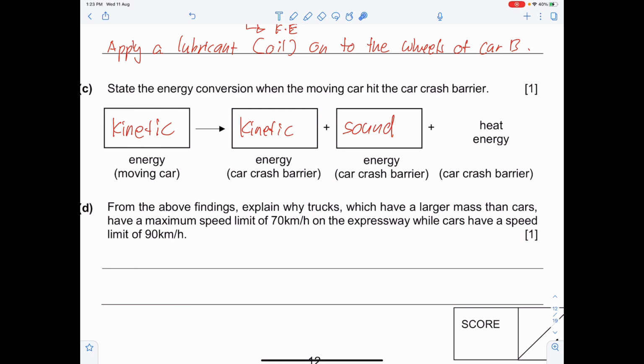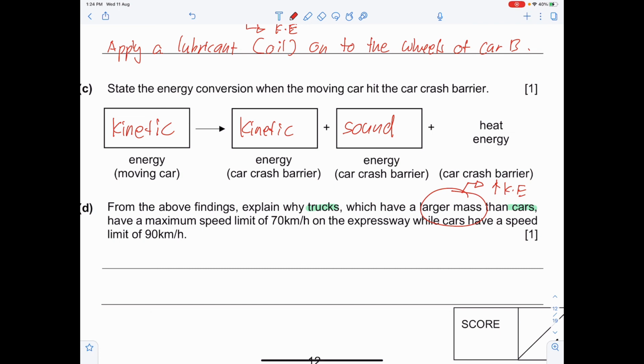So first thing first, ask yourself, what is the difference between trucks and cars? So the main idea is that it is a larger mass. So we know that with larger mass, it also means that it probably will have a higher amount of kinetic energy. And higher kinetic energy means it will translate to a greater depression.